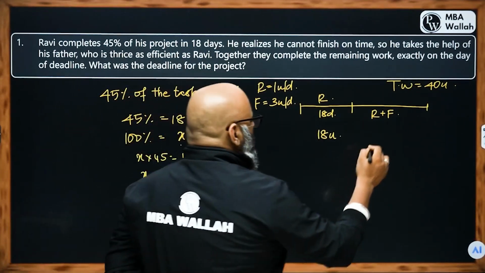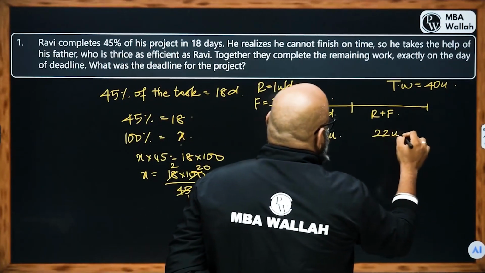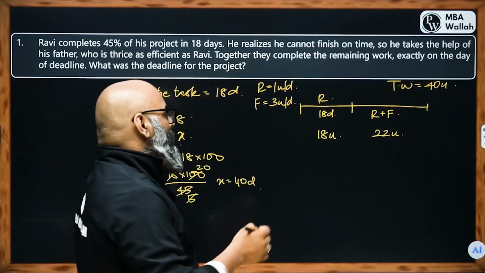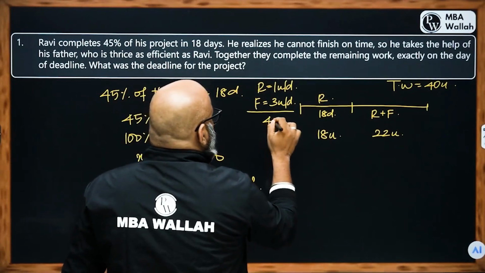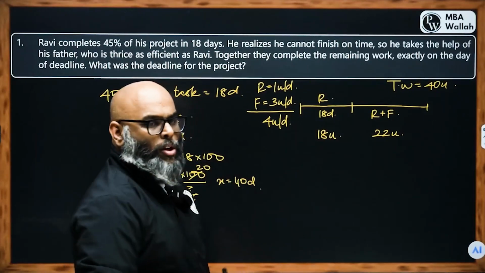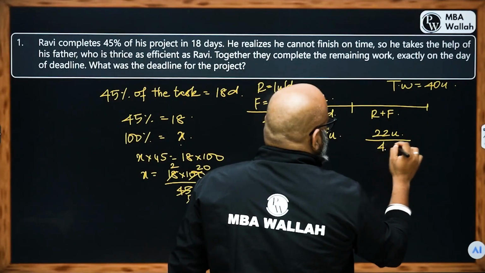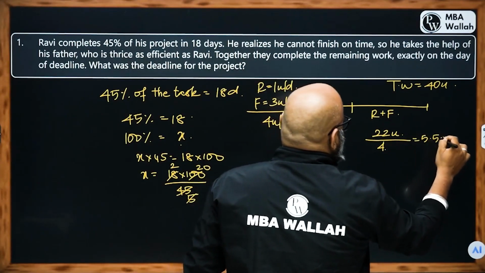Remaining, we are going to have 22 units left. So who's going to work on these 22 units? Ravi with his father. Both of them put together can give me 4 units per day. So to complete 22 units, divided by 4, that will be 5.5 days.